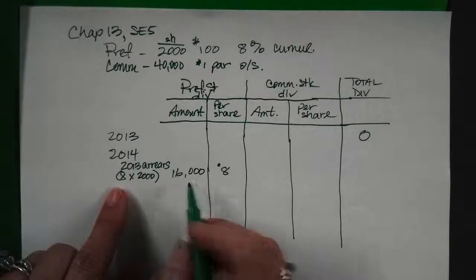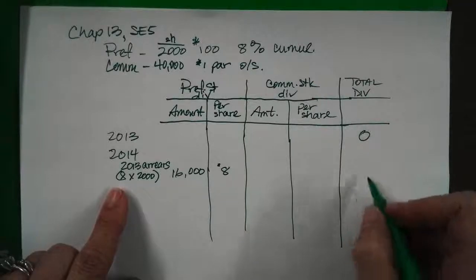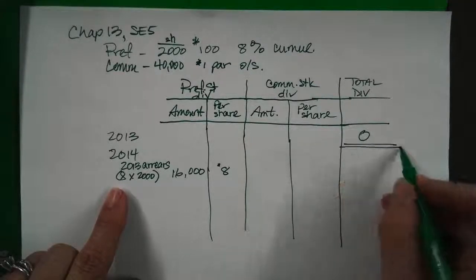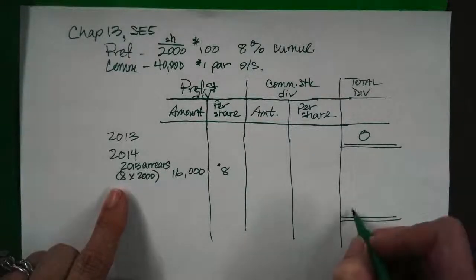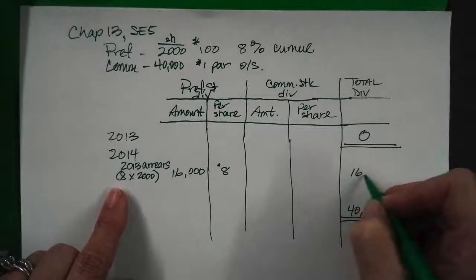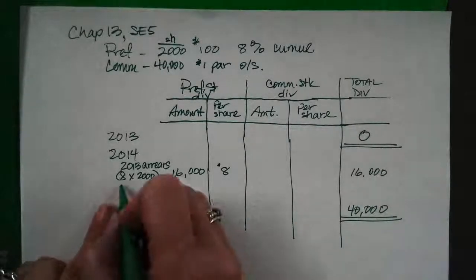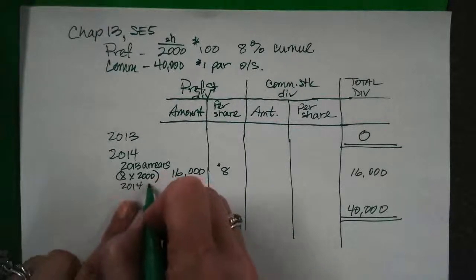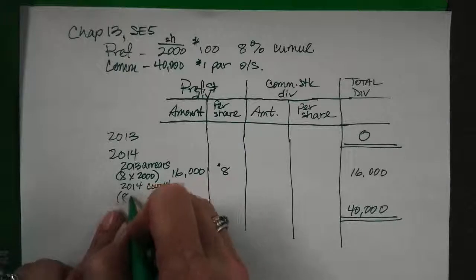How much did they say? 40,000. We need to make all this add up to 40,000. So it's 16 for 2013 in arrears. Now, 2014 current preferred dividends.